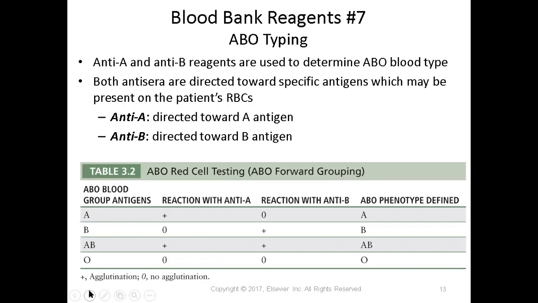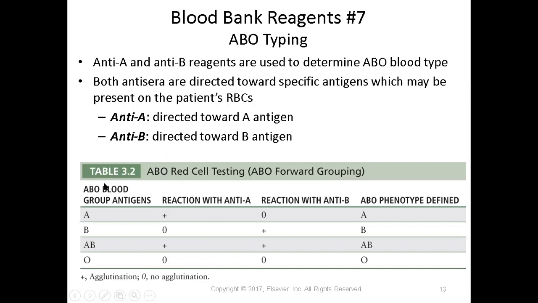If we get agglutination with anti-A, it means the patient has A antigen, because that antibody against A found its target, and we're seeing the red blood cells agglutinate. Likewise, if we see agglutination with anti-B, that would mean that the patient has the B antigen on their red cells. And so we use these known anti-sera to find out the unknown, which antigens are on the patient's red cells.